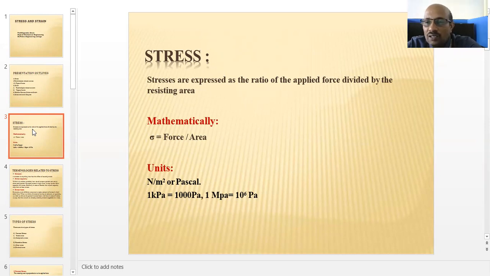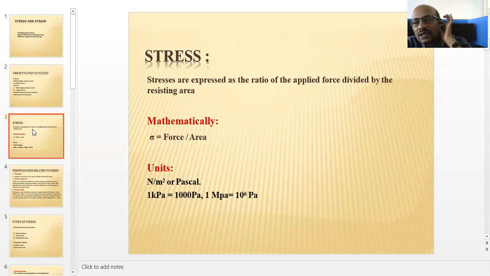So sigma is equal to force per unit area, that is, P by A or F by A, where P means load, F means force, and we denote the area by A.